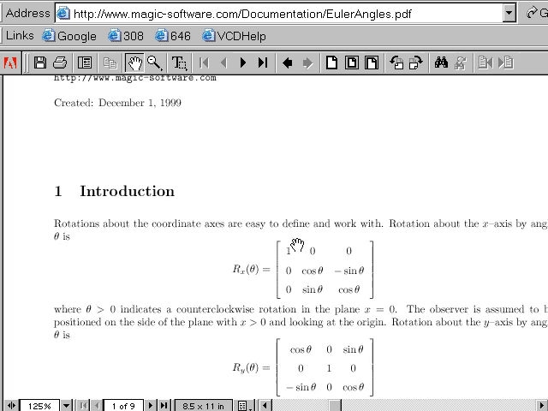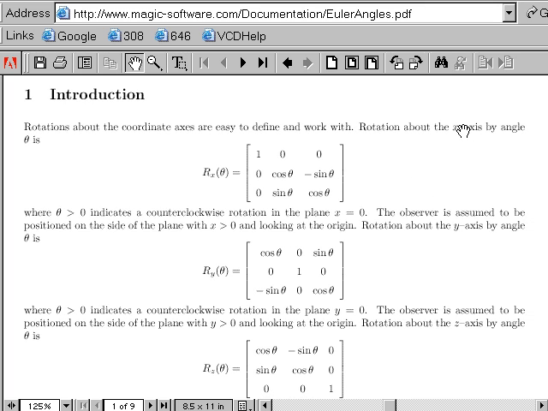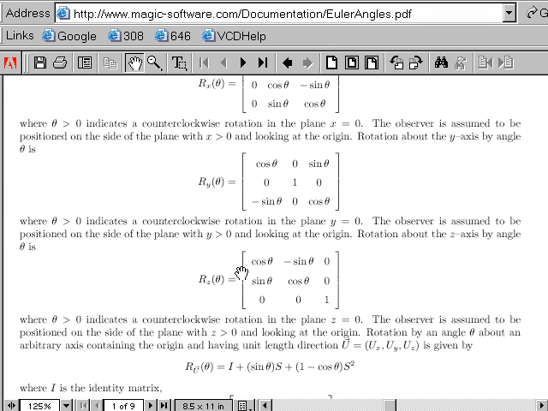If we have this matrix here, 1, cosine theta and minus sine theta, this is rotation about the x-axis. If the 1 is in the center position, this is rotation about the y-axis. And this one I wrote down here is rotation about the z-axis.